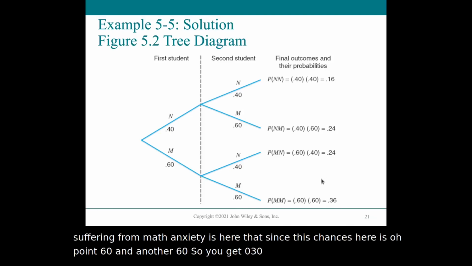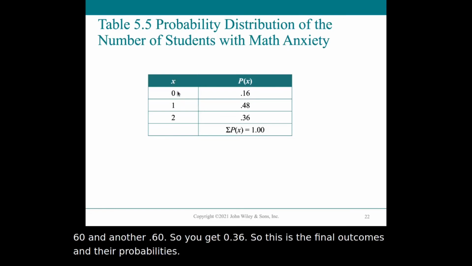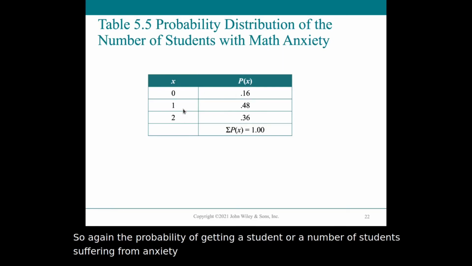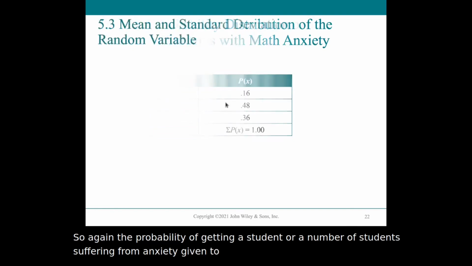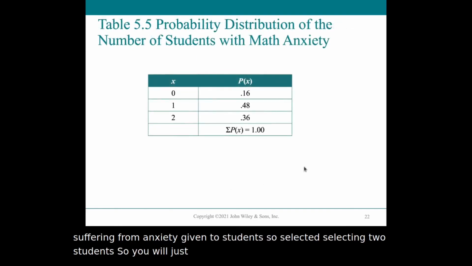So these are the final outcomes and their probabilities. Again, for the number of students suffering from math anxiety given two selected students, this is your table of distribution.